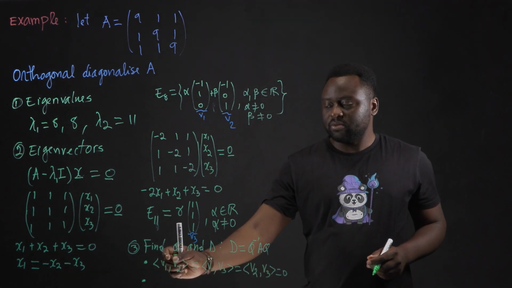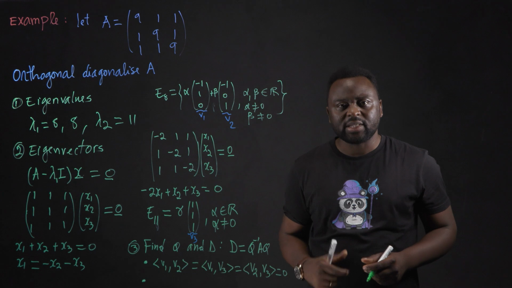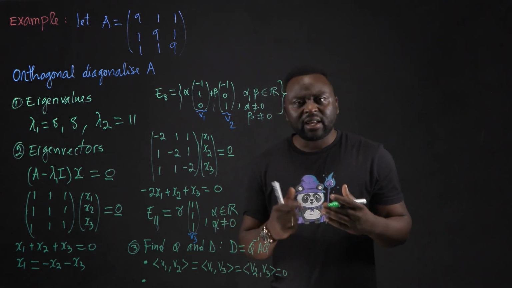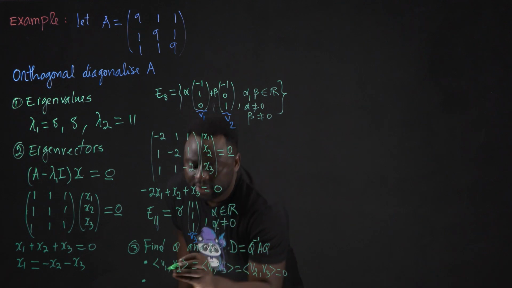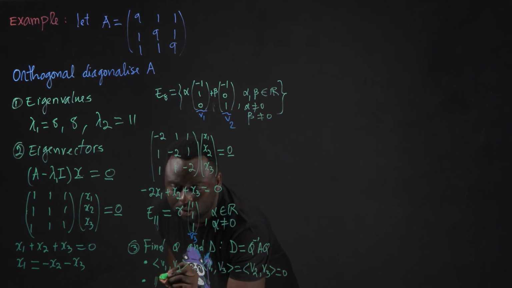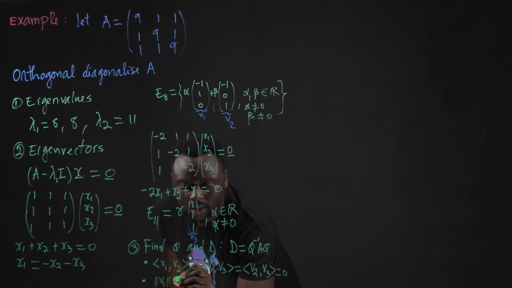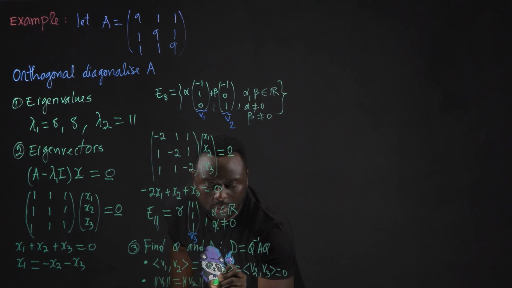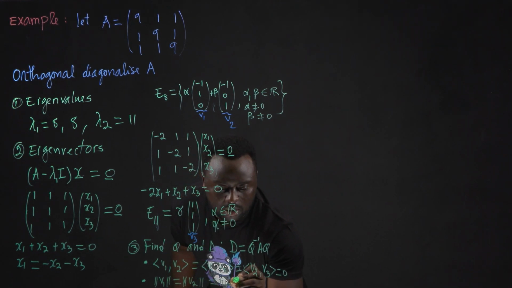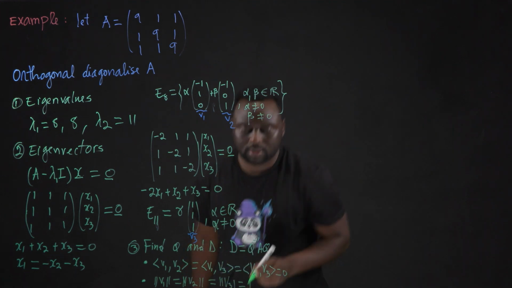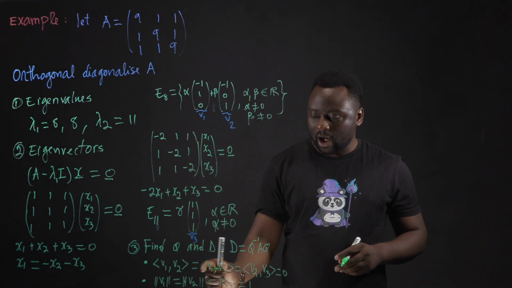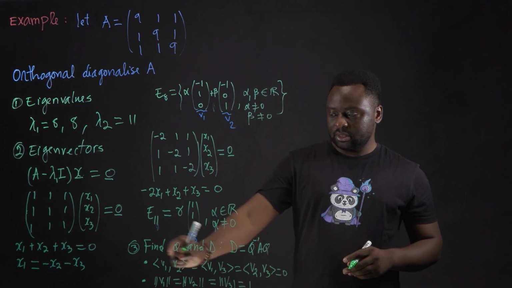The inner products of these vectors should be 0. That's what is meant by being mutually orthogonal. The second thing is that the norm of each vector should be 1: the norm of V1, the norm of V2, and the norm of V3 should all be 1.